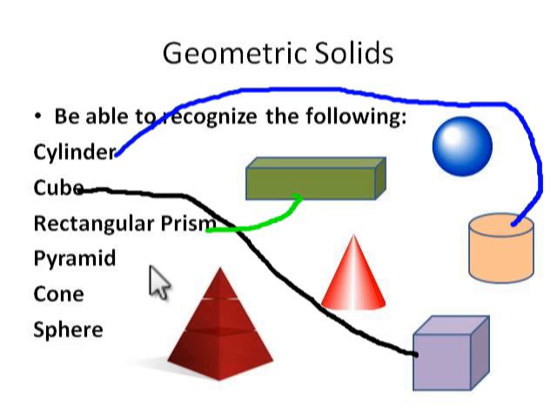A pyramid looks like the Egyptian pyramids. That is a pyramid. Next we have a cone. A cone essentially looks like an ice cream cone. This one just happens to be upside down. The cone in this video is right there.